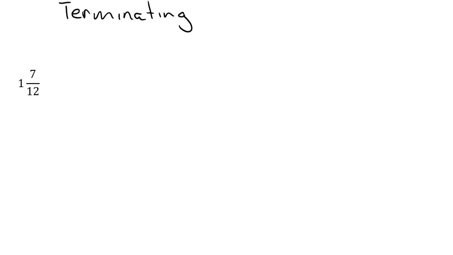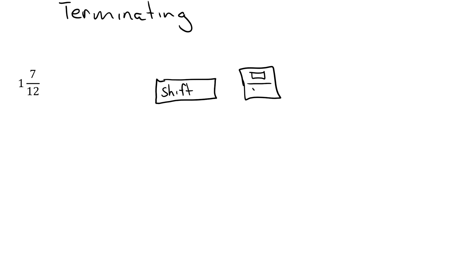Now we have a mixed fraction where we have a whole number out the front. There are two ways we can solve this. The first would be using a calculator, and what you want to do is press your shift button, again we're dealing with Casios here, and then click your fraction button. That allows you to put a mixed fraction in.